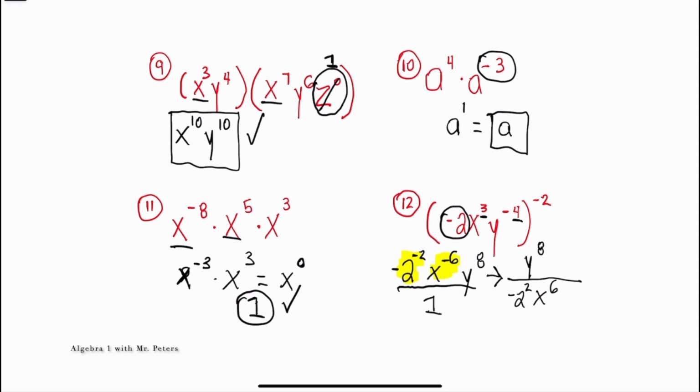So the last thing we need to do to get this correct is evaluate negative 2 squared. And when we do that, the final answer would be y to the 8th power all over 4x to the 6th power. And when we look at our answer and we double check, we notice that there is nothing for us to simplify because we do not have similar bases in the numerator and denominator.